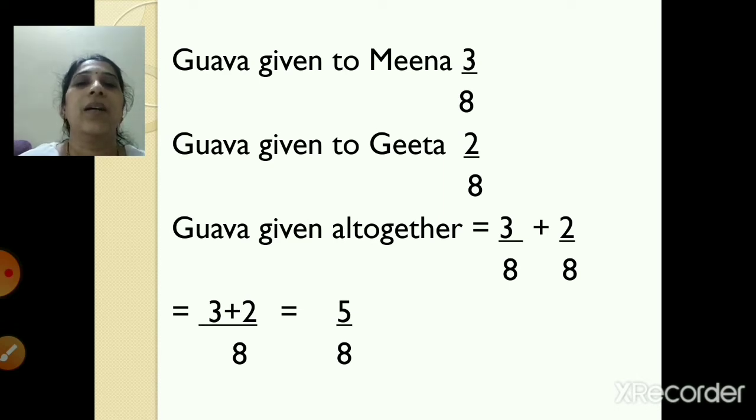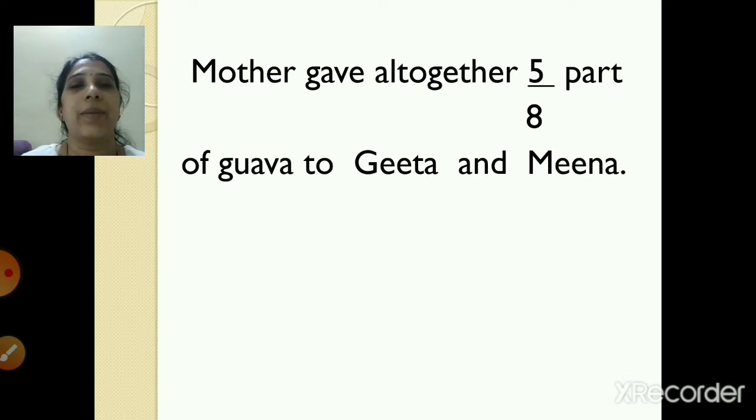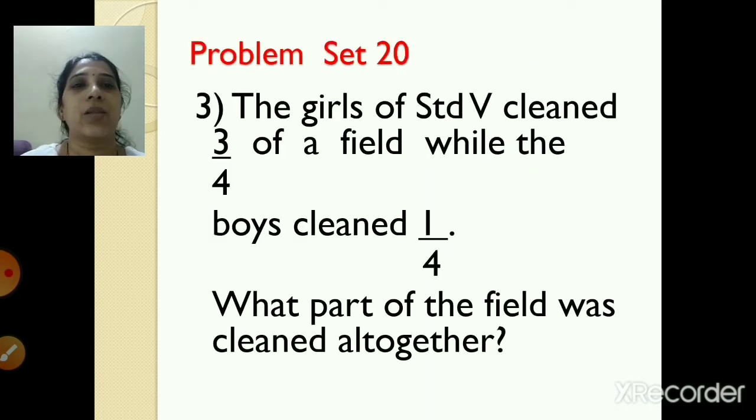So you get the answer as 5 upon 8. You will write the final statement as: mother gave all together 5 by 8 part of guava to Geeta and Meena. Let's move to the next one.